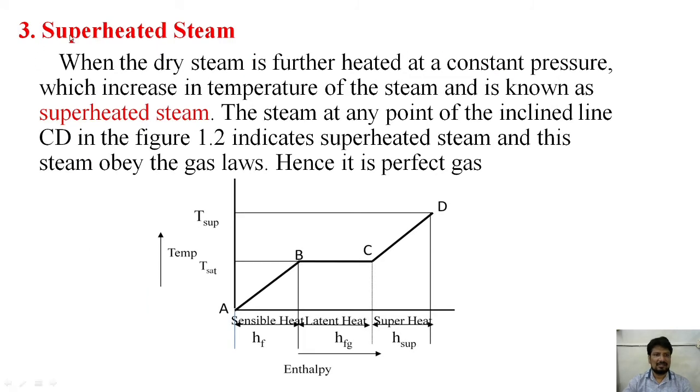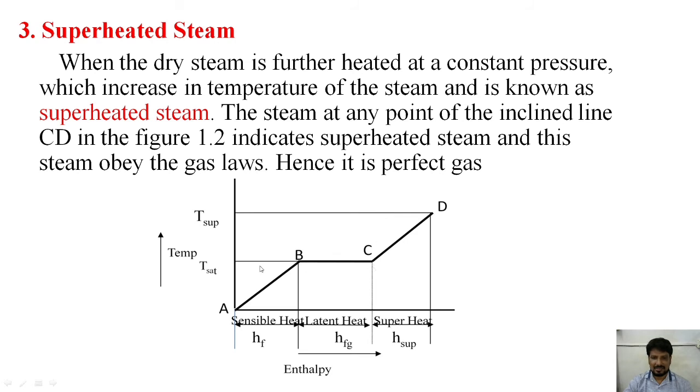Now the third one is the superheated steam. When the dry steam is further heated at a constant pressure, the increase in temperature of the steam is known as superheated steam.